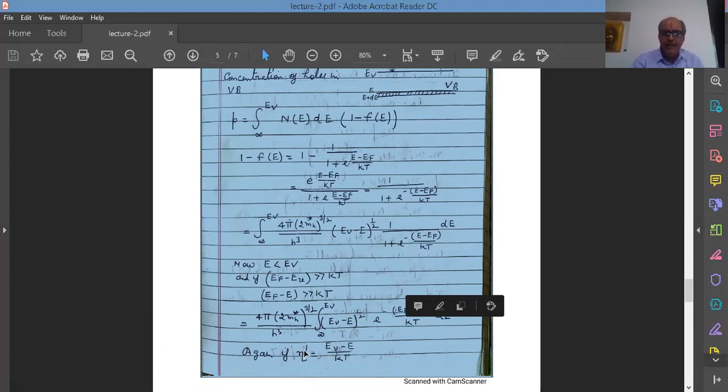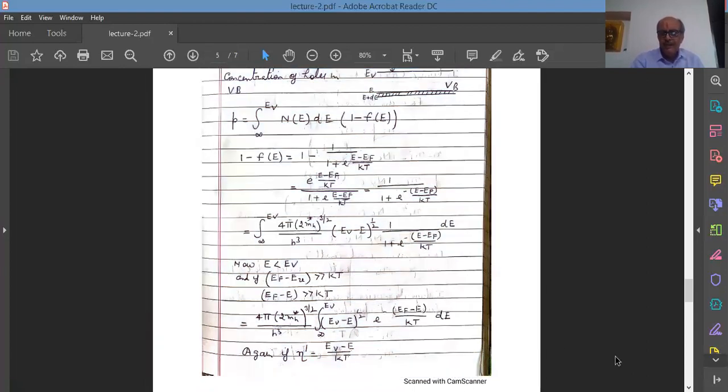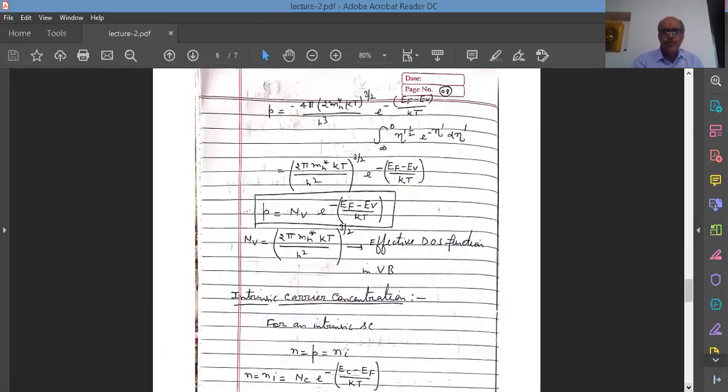Again assume eta dash, a new variable eta dash, to be equal to EB minus E, and by using the same gamma function, you can derive the expression for the equilibrium hole density P to be equal to 2 pi mh star KT upon h squared to the power 3 by 2 e to the power minus EF minus EB upon KT.